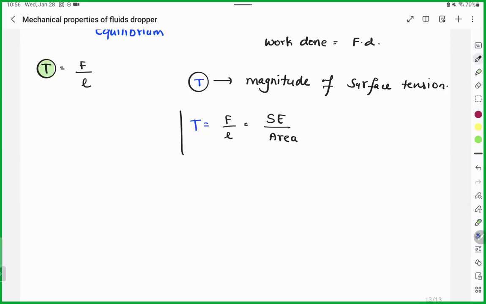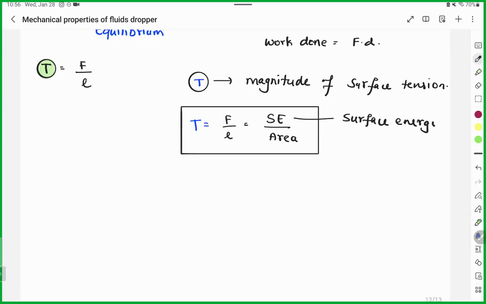That is also surface tension. Surface energy per unit area, and S is surface energy. These are the basic formulas, but you should know this. Got it? So, if this is the situation, tell me what will be the surface energy? Surface tension multiplied by area.